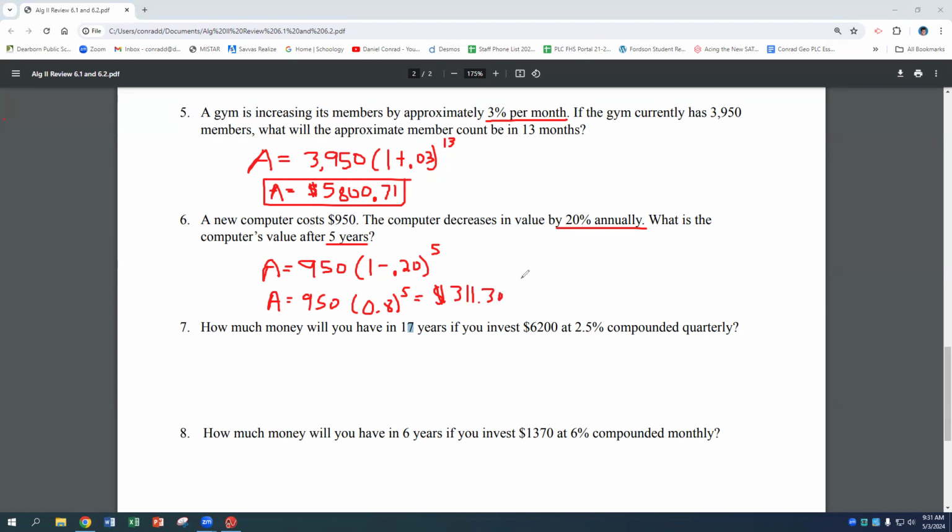That 29 gets rounded up to a 30. All right, good.